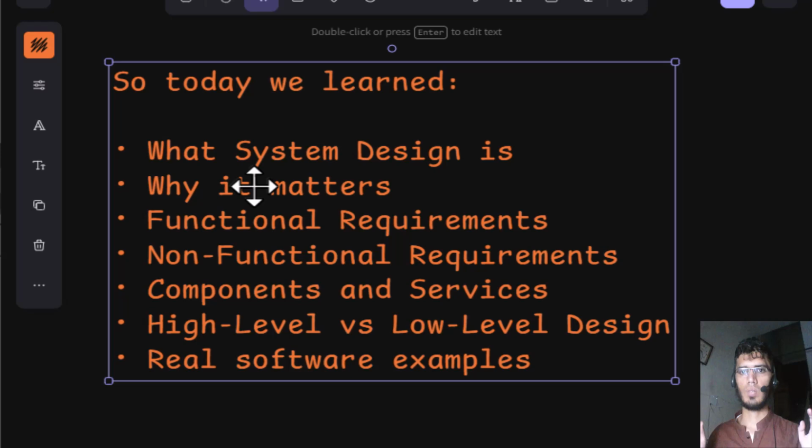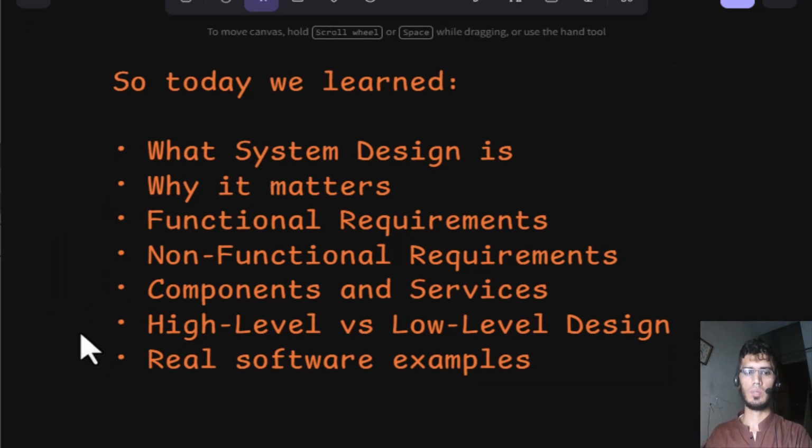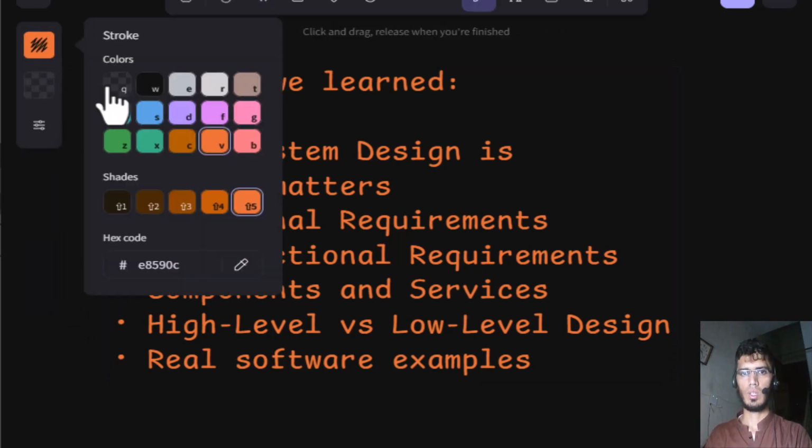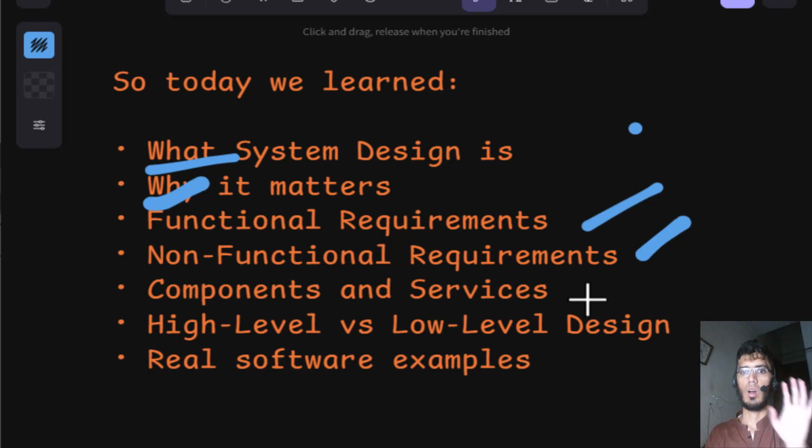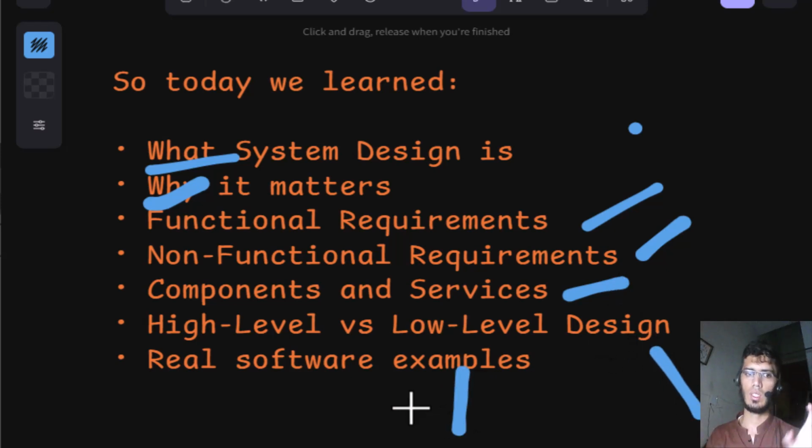To wrap up, today we learned what system design actually is, why it matters, what the functional and non-functional requirements are, how we divide our whole system into services, then high level design, low level design, and real world examples.